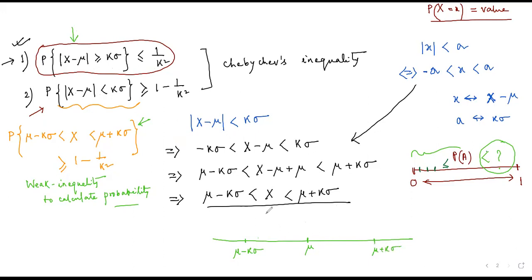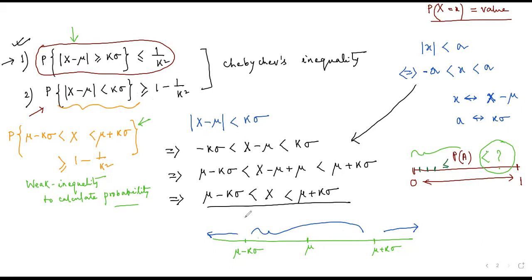Then the second form of Chebychev's inequality gives me the probability that your event will lie between these. And the second one gives you the probability that it will fall in this region or in this region.